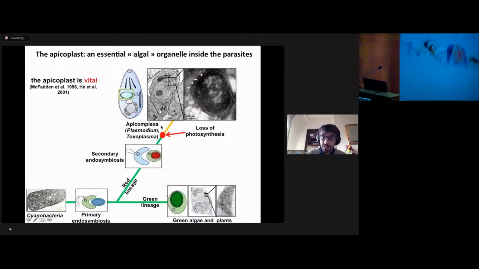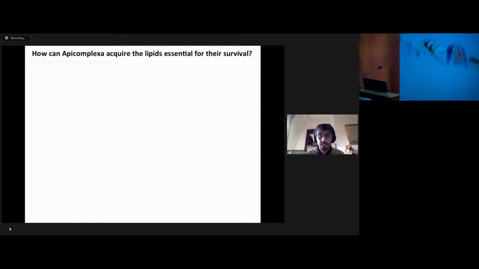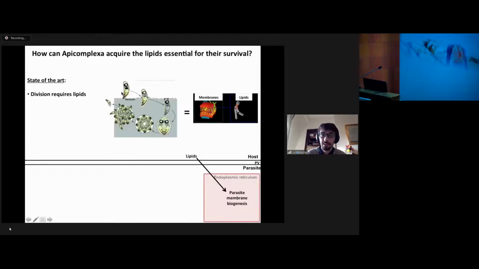Although the apicoplast has lost its photosynthetic capacities, it is metabolically similar to plant and algal chloroplasts, and it is essential for parasite survival, making it an interesting drug target as it is solely present in the parasite and absent from the host.